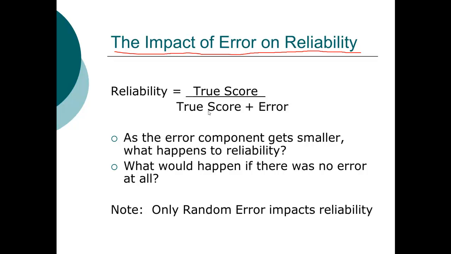But you see that here you have true score plus error. Now, let's say the student made a 75 on the test. Well, notice how the true score plus the error is going to be 75, and let's say the error is 5. And notice that's going to equal 80.